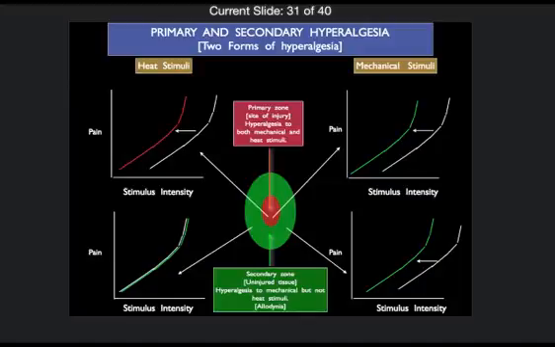Now, primary and secondary hyperalgesia. There are two forms of hyperalgesia. There's hyperpathia, hyperalgesia, but I don't like the term hyperesthesia.